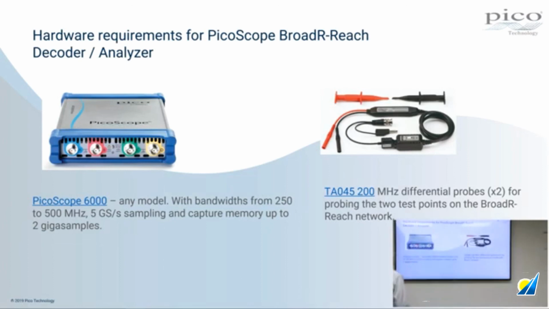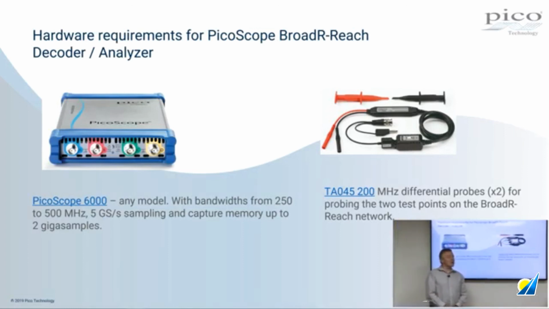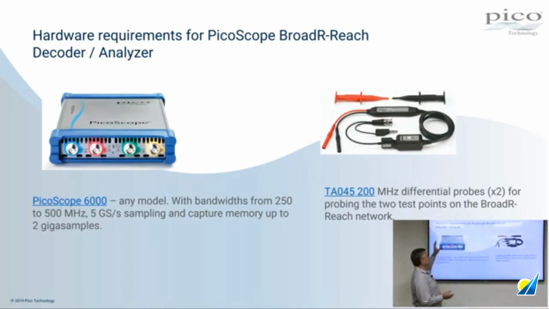So we'd just like to finish off by saying what the hardware requirements are for the BroadR-Reach decoder analyzer. And actually they're pretty simple. The only hardware that you need is a PicoScope 6000, any model in the range from 250 megahertz up to the 500 megahertz models.